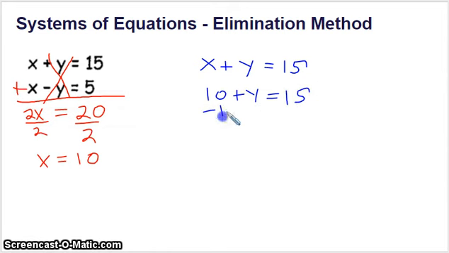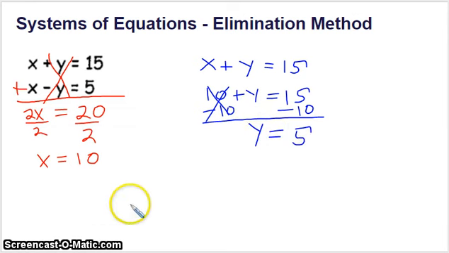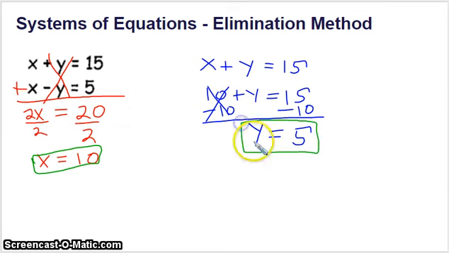So let's subtract 10 from both sides. That's going to cancel out. Now we've got y equals 5. So as you can see, we've got our value of x equals 10, y equals 5. So final thing, we just write our solution.